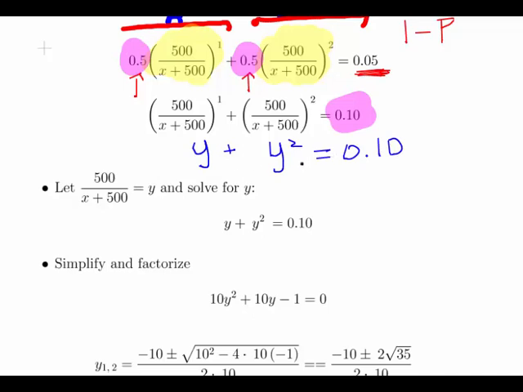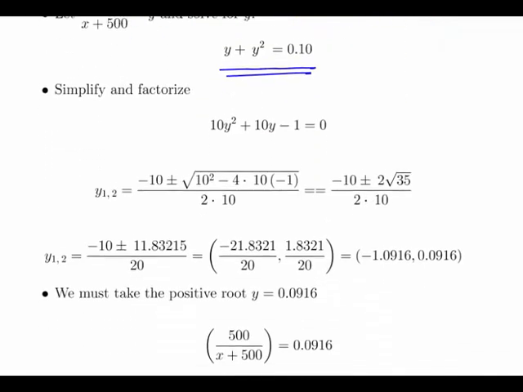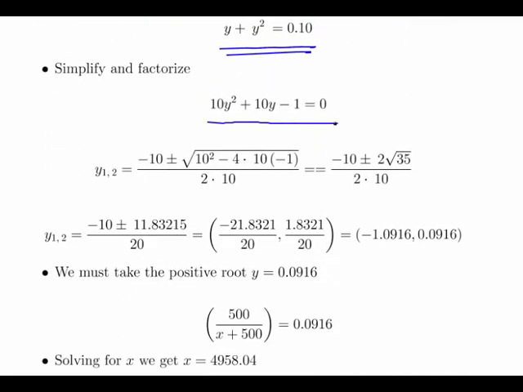So we factorize that. Let 500 divided by x plus 500 equal y, and solve for y. So this is what we got there. Just to make life easy on ourselves, multiply everything by 10 and turn that into a conventional quadratic equation.